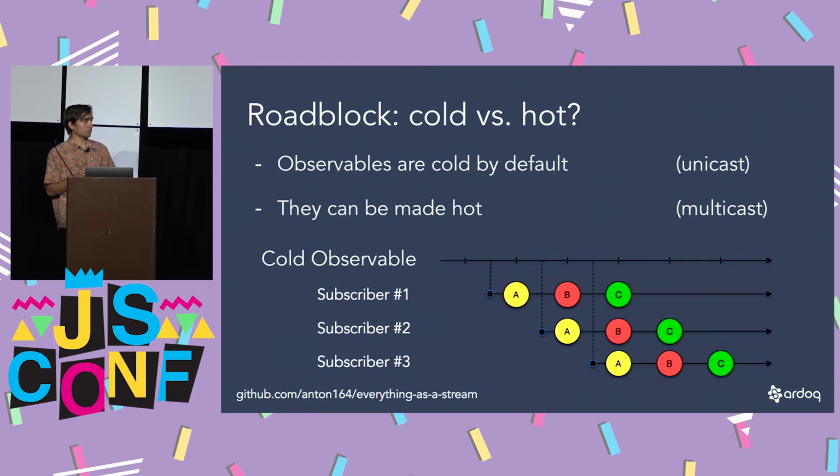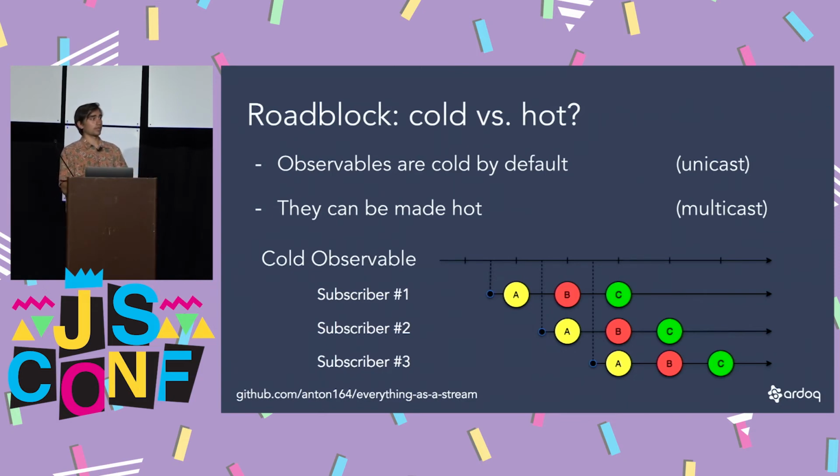Cold observables work in the way that every new subscriber gets its own producer. Imagine there's an observable which models the Fibonacci sequence. The first subscriber will get the whole sequence, and then the second subscriber would also get the whole sequence.